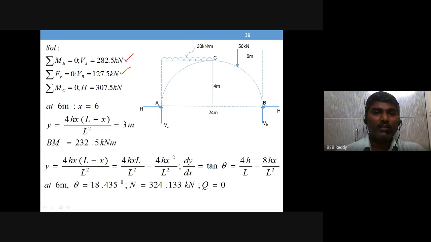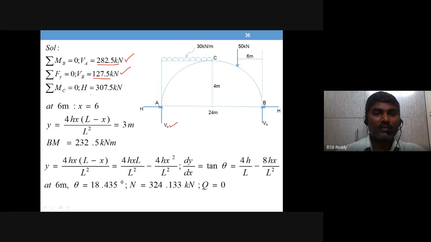Now you can see the vertical reaction at A is more than the vertical reaction at B. Reason? To the left of C, there is a load of 360 kilonewtons. To the right of C, there is only 50 kilonewtons. So more load is towards the left. That's why the VA value is more. That's the logic that you have.